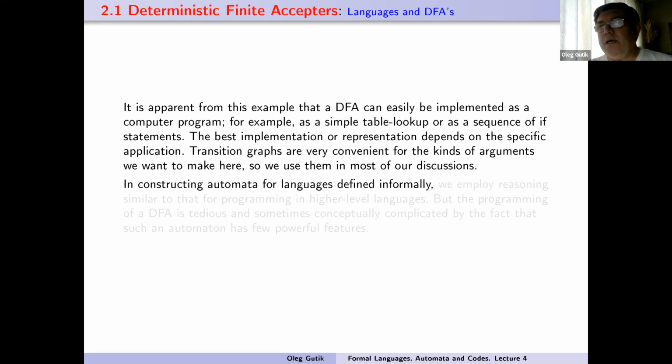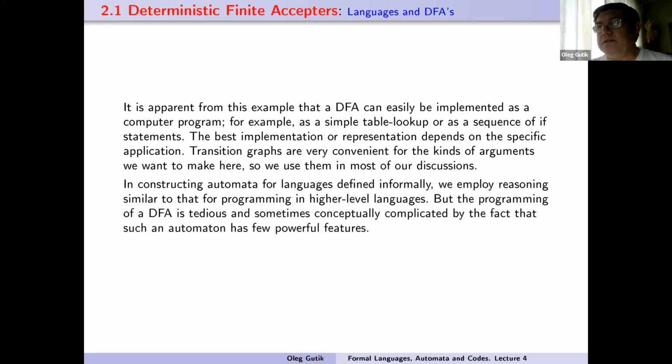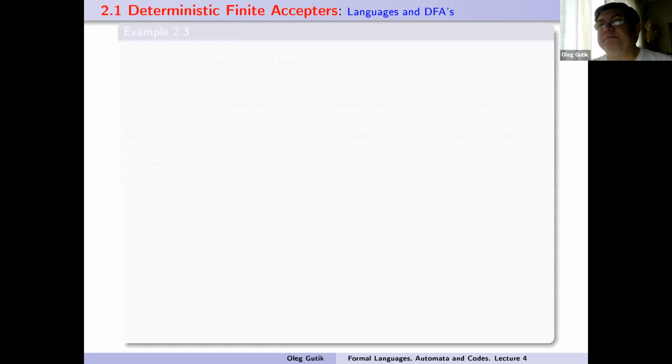In constructing automata for the languages, we employ reasoning similar to that for programming in high-level languages. But the programming of a deterministic finite acceptor is tedious and sometimes conceptually complicated by the fact that such an automaton has few powerful features.